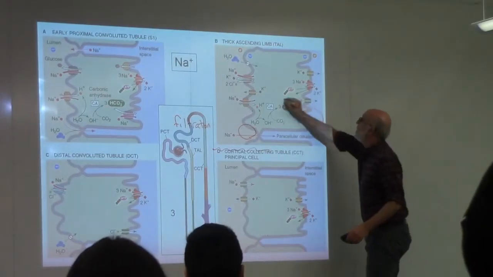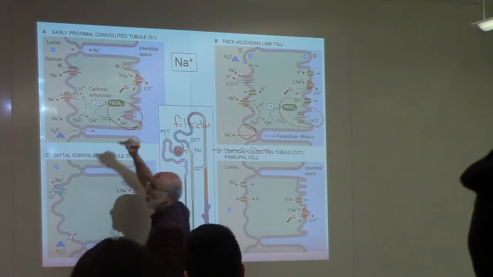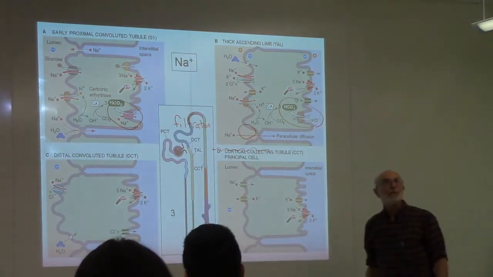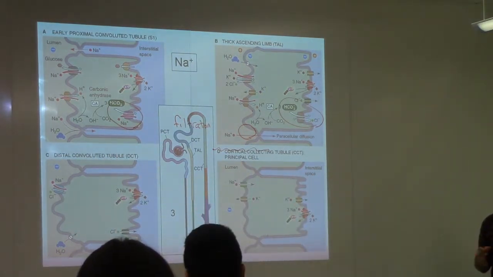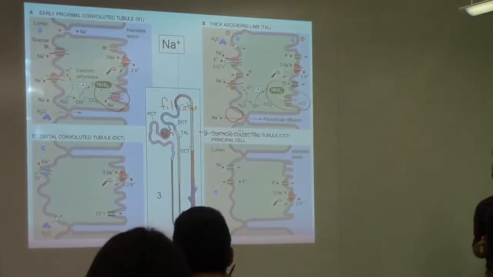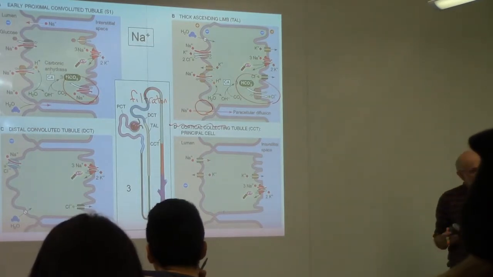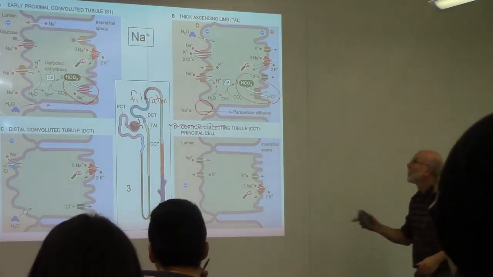Well, there's the chloride bicarbonate exchanger, and there's the sodium bicarbonate co-transporter. So you've seen them before, and now we're just putting them in one cell. But that's an oversimplification. Your book is a little bit simpler, so it's okay.